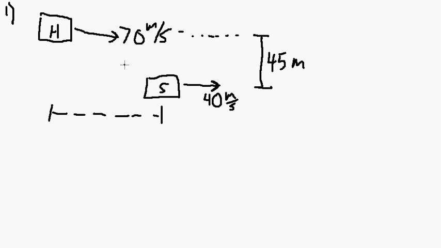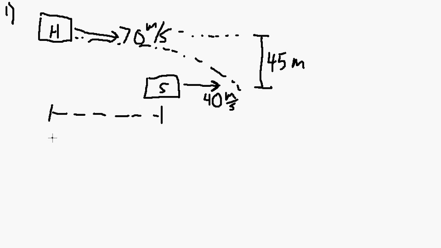Harry is flying along, Santa's flying like that, and Harry drops the package, and it keeps Harry's horizontal velocity, but then it starts curving down as it gets accelerated downward by gravity. So one way is to do that and then calculate how far Santa goes in that same period of time, and then backtrack to get the distance.